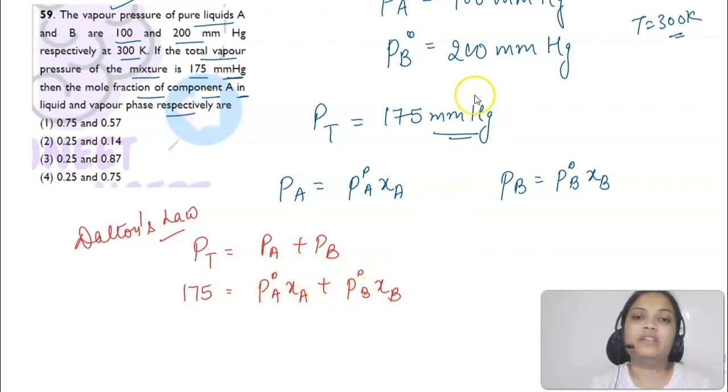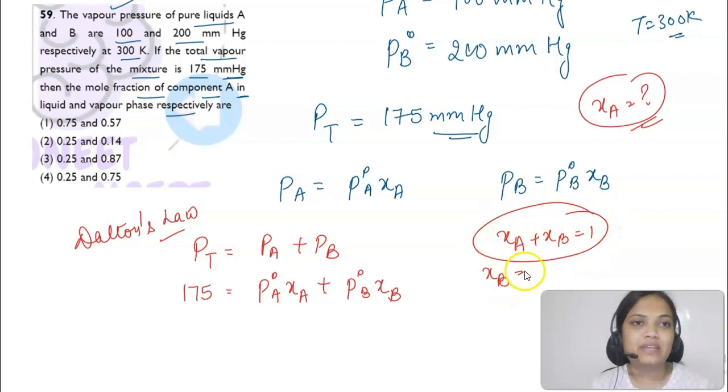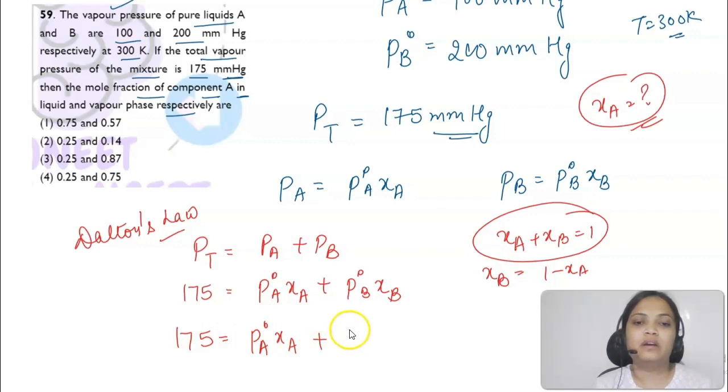Now I have to find the mole fraction of A in the liquid phase. You know that the sum of mole fractions is always equal to 1. So instead of XB, class, can I write 1 minus XA? Yes, I can write it. So 175 equals P naught A XA plus P naught B into 1 minus XA.